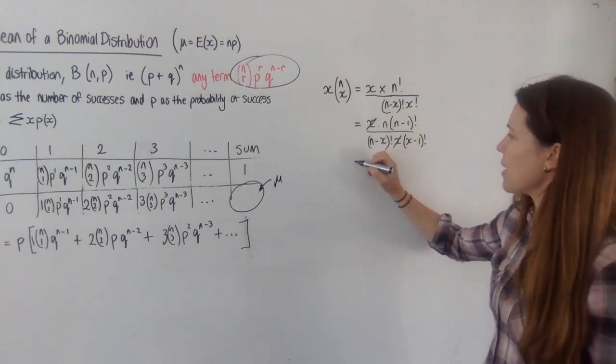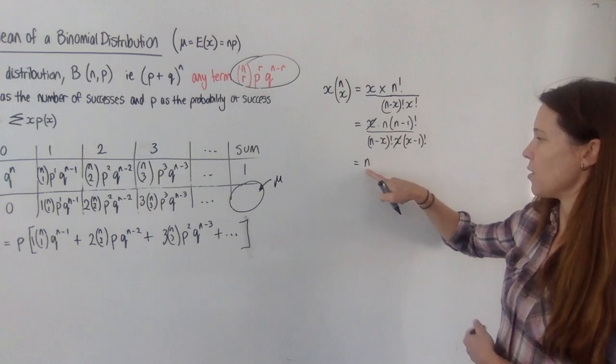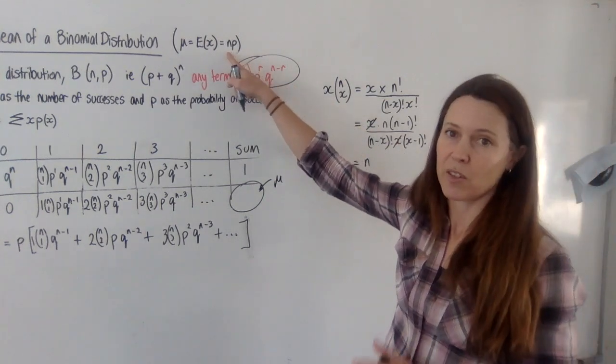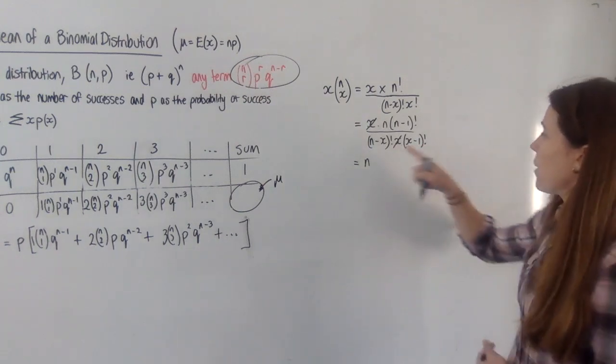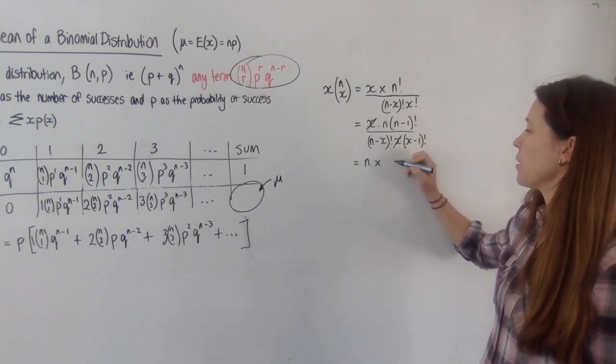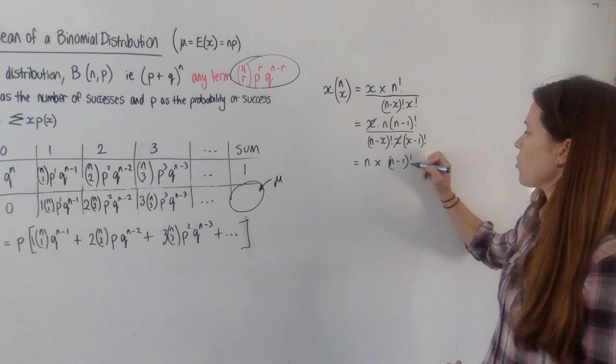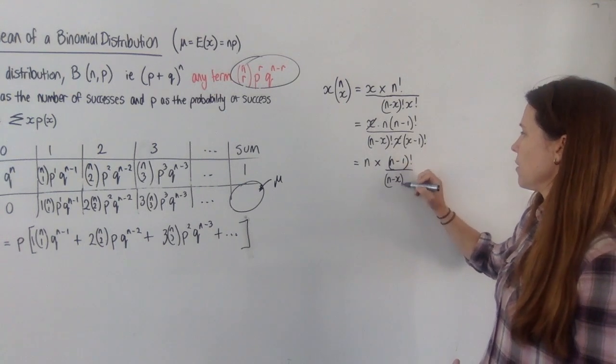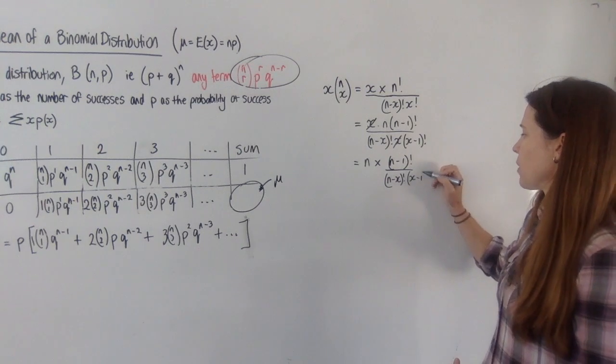Now, let's pull the n out the front and just leave it all by itself. Why am I going to do that? Well, I can see that in the end I kind of want the n on its own, so let's get rid of it now. And we can see that now we've got n minus 1 factorial over n minus x factorial, x minus 1 factorial.